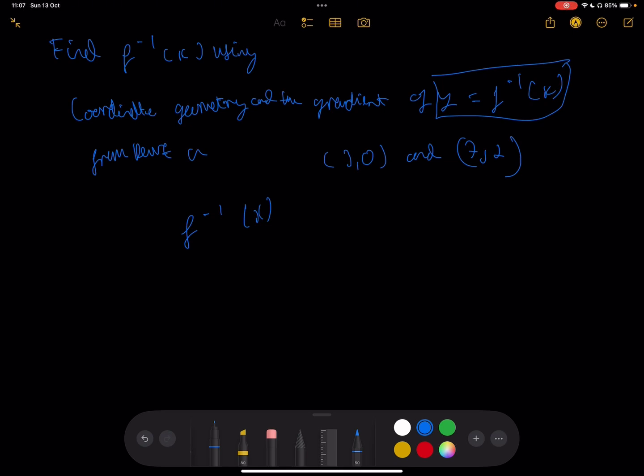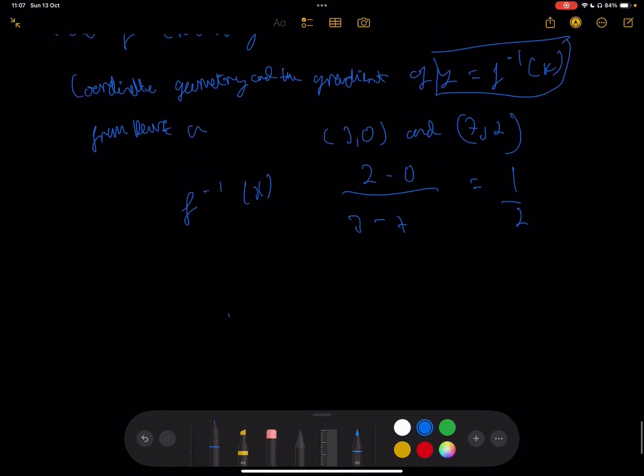So we know the gradient is the change in y over the change in x. So we just do 2 minus 0 divided by 7 minus 3, and this gives you 1 half. And then we can say that its equation is y minus 0 over x minus 3 is equal to a half.